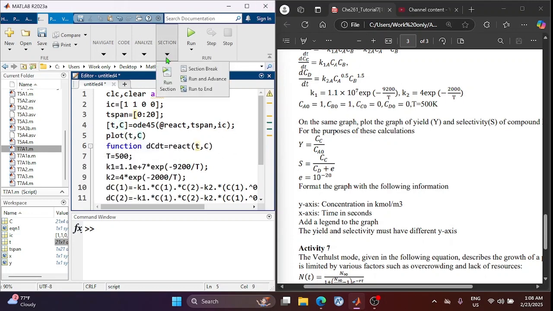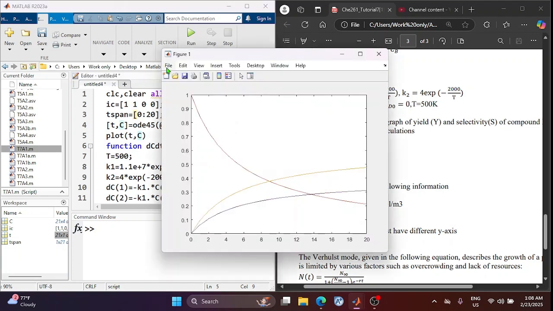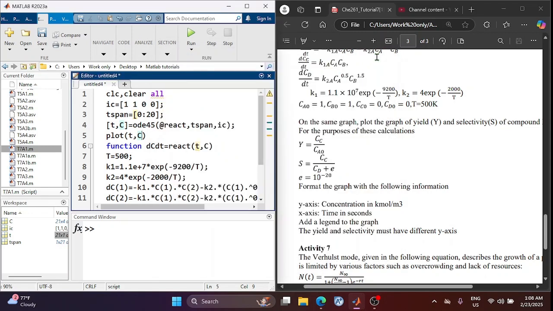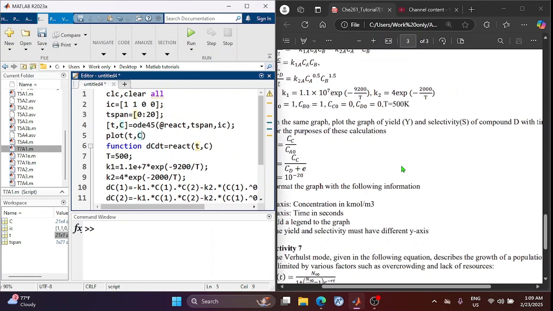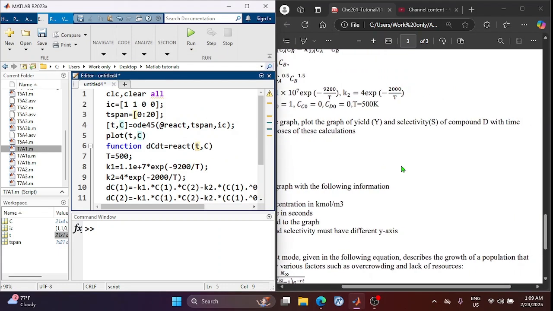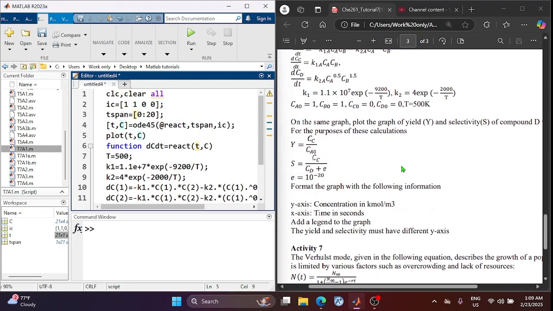So we're going to get the concentration profiles for all the species, but the question said something a little bit more. It said that on the same graph, plot the yield and selectivity of compound D with time. For the purposes of these calculations, we have the expressions here. So now let's get the expression for the yield and then the expression for the selectivity.